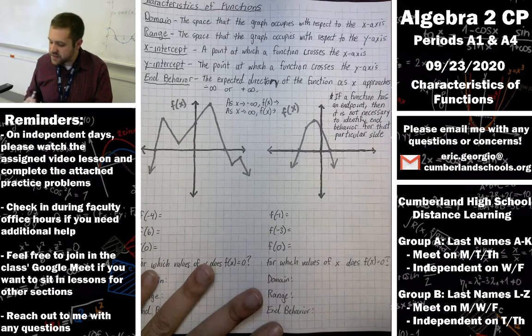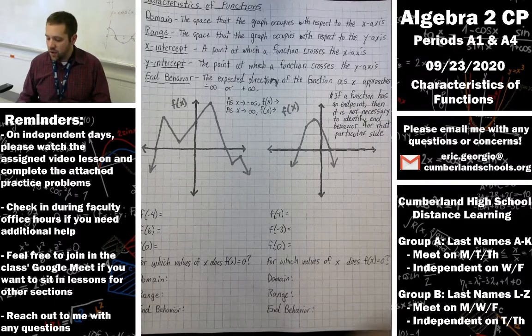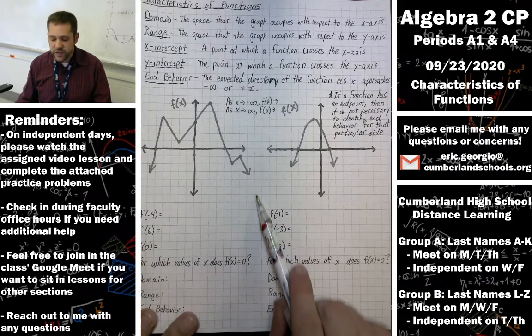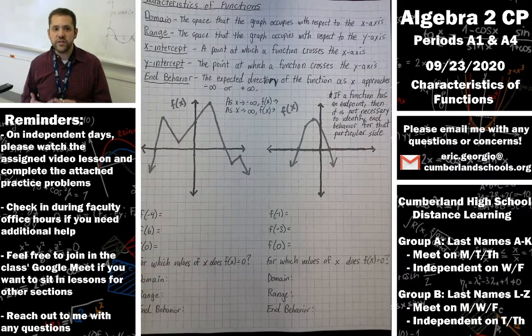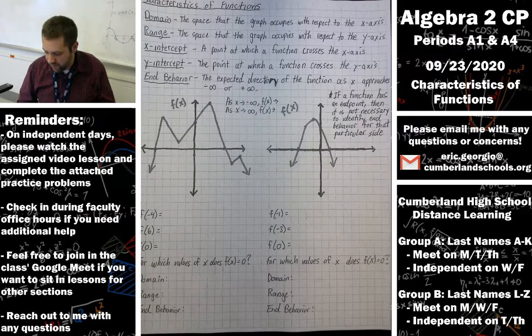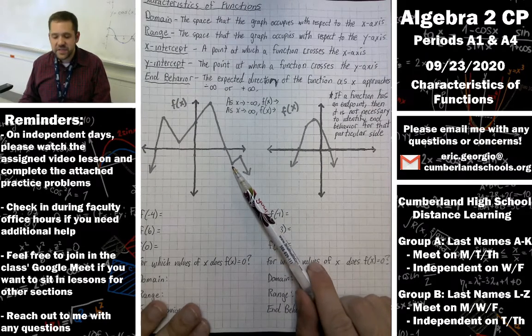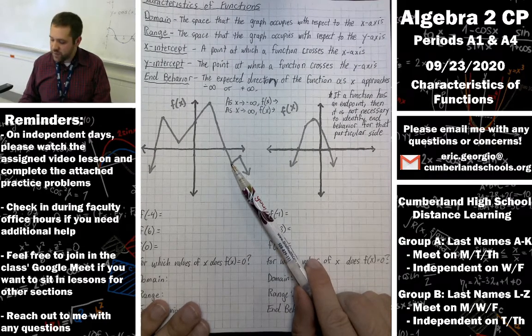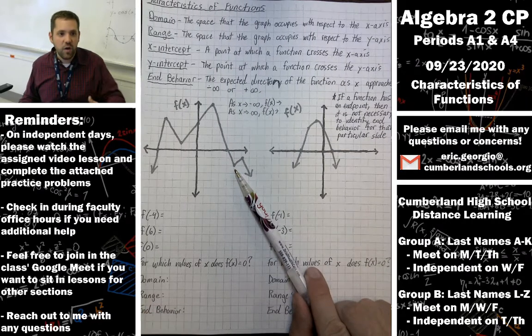And the reason is because end behavior is trying to describe what we see beyond the boundaries of the picture. So beyond the boundaries of the picture, what are we expecting this function to do? What is the behavior of this function as it approaches those extreme ends? That's why it's called end behavior. Okay? If a function stops, well then I don't need to talk about end behavior because clearly the function has already ended.